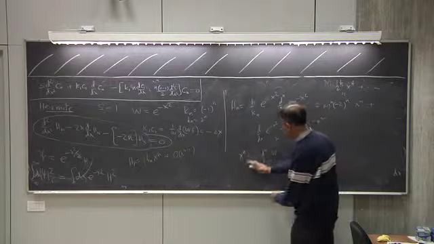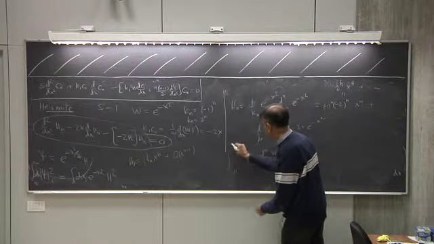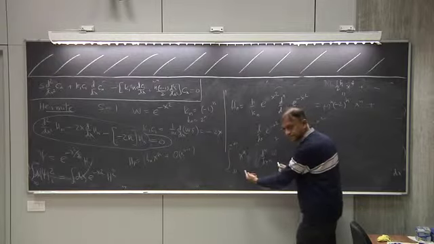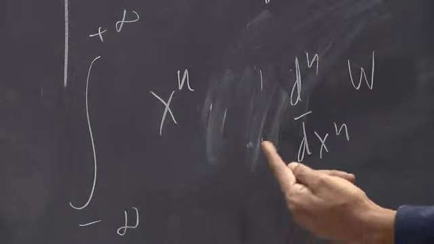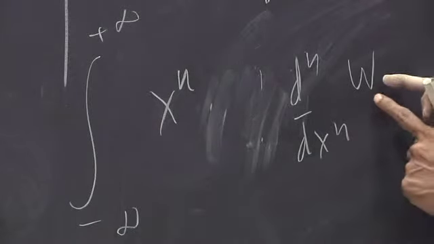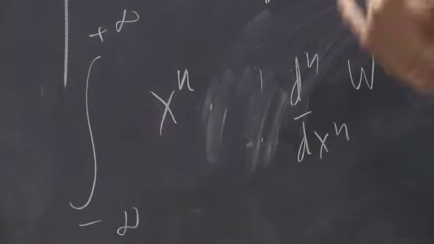Now this w cancels, and the integral is from minus infinity to plus infinity. You can do integration by parts n times. The boundary terms will always vanish because w involves a Gaussian exponential.